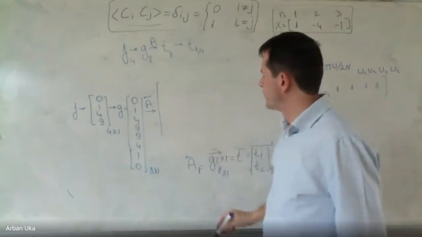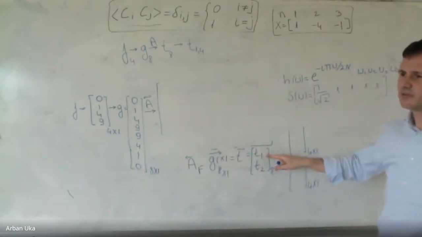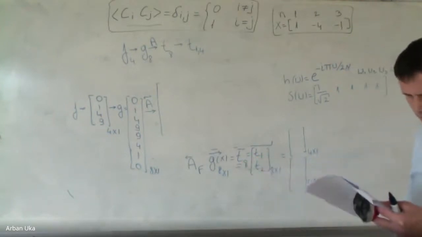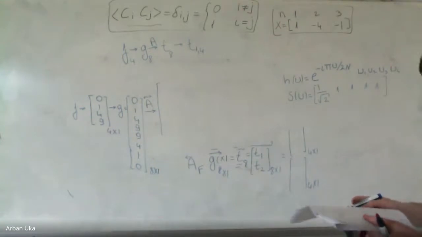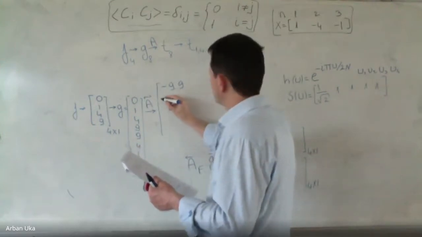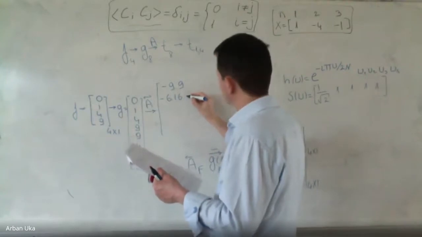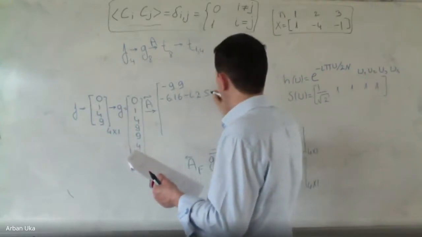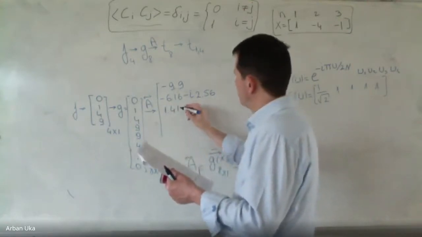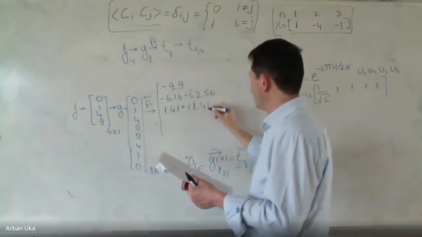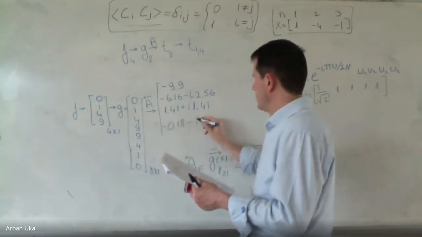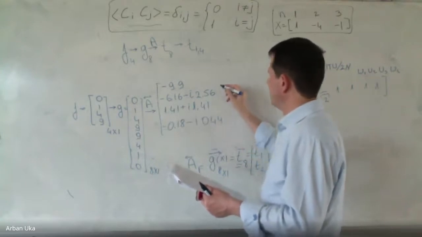And here, if we write just the top half of this T, which has 8 data points, the answer is the following: minus 9.9, minus 6.16 minus i 2.56, 1.41 plus i 1.41, and minus 0.18 minus i 0.44.